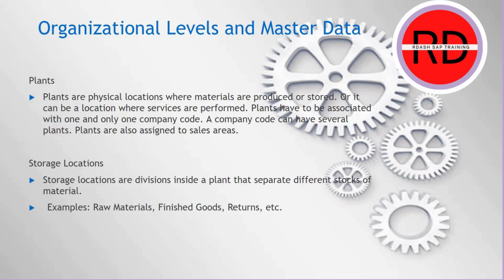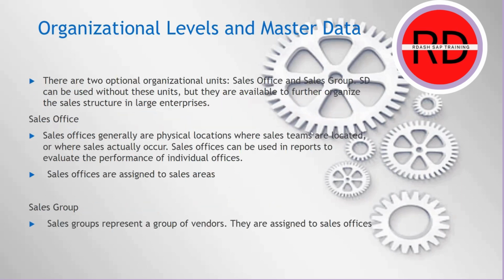And if you are bringing raw material for the production, you can keep it in storage location two. Likewise, you can keep multiple storage locations inside the plant. Storage locations are divisions inside a plant that separate different stocks of material, like raw material, finished goods, returns, etc.